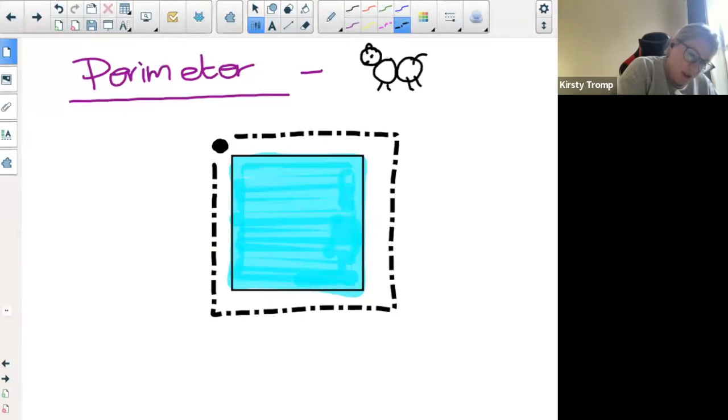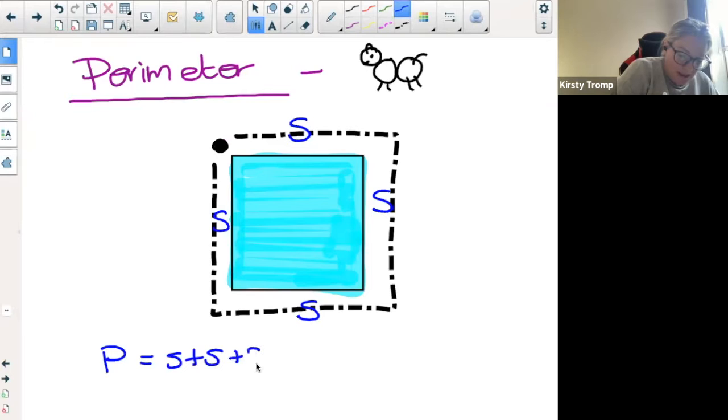outside, good. So, if I was having to look at this shape, and this shape was like a square, and I said that this length was a side, a side, a side, and a side, then when I add those all up, I would say P for perimeter is equal to side plus side plus side plus side.